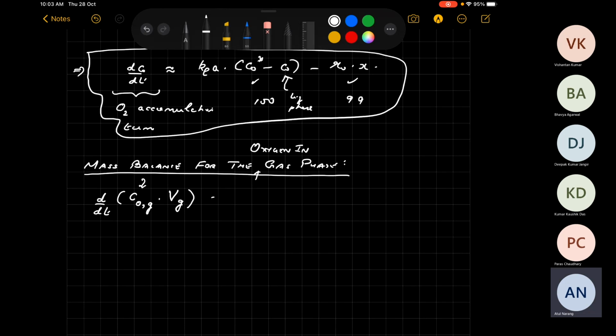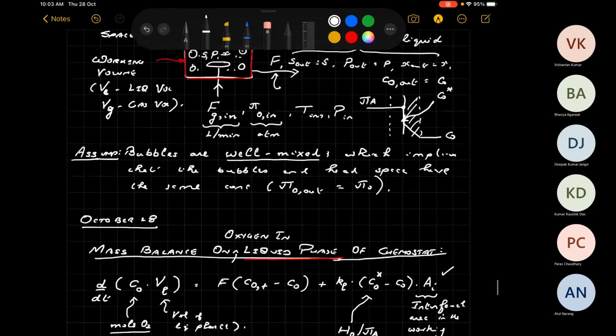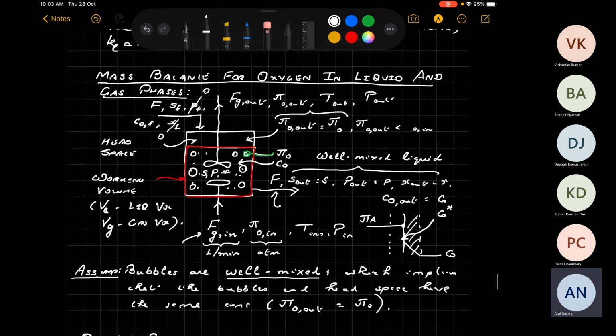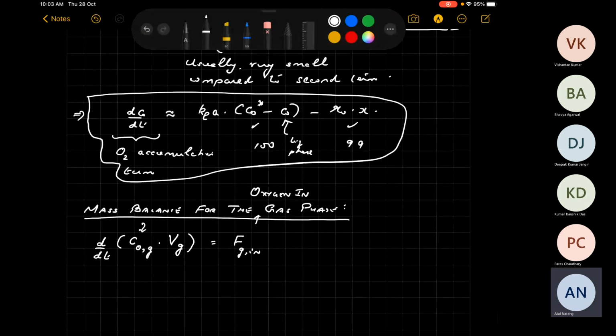And that is equal to F_G in, which is the gas flow rate coming in, and let the concentration of oxygen coming in be C_O,G in. There are too many subscripts, but I have no choice.